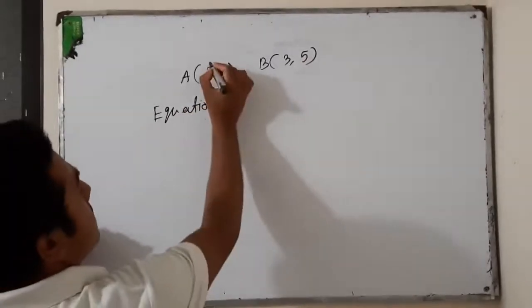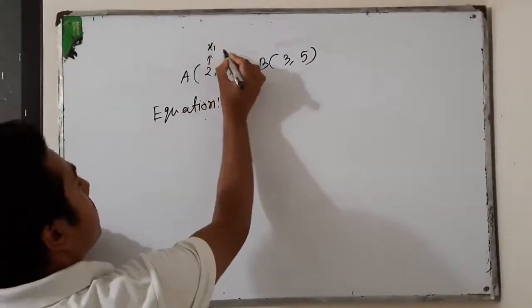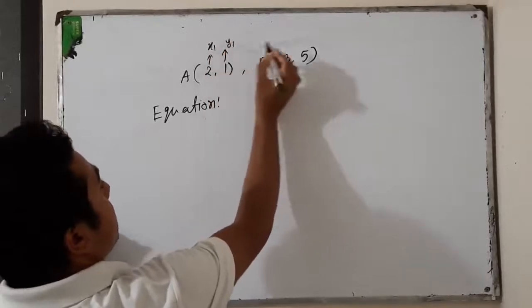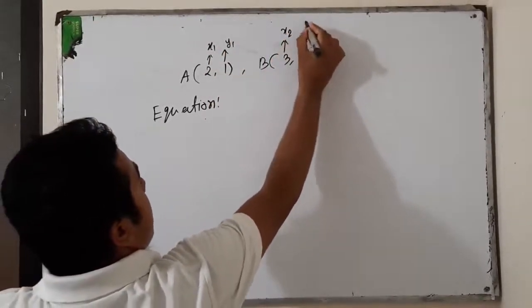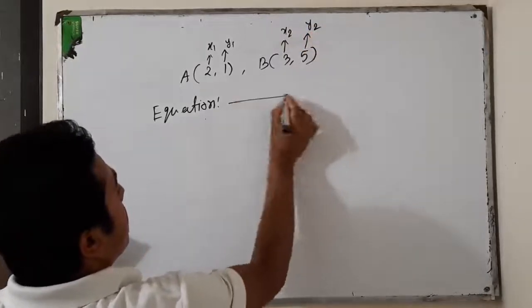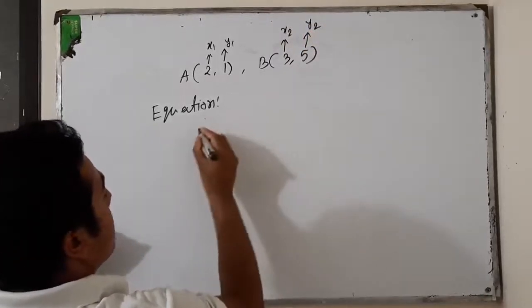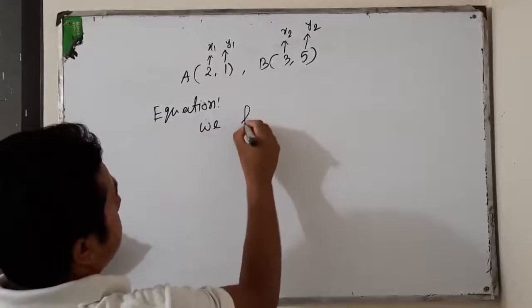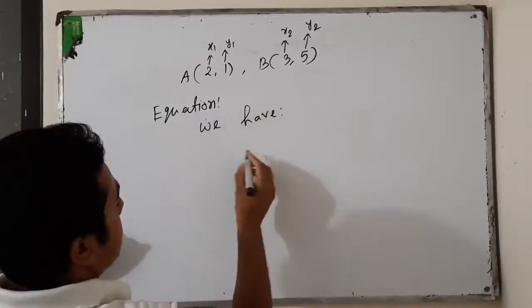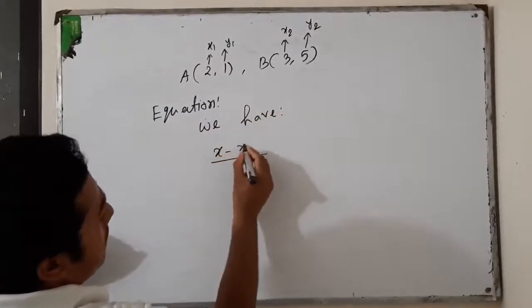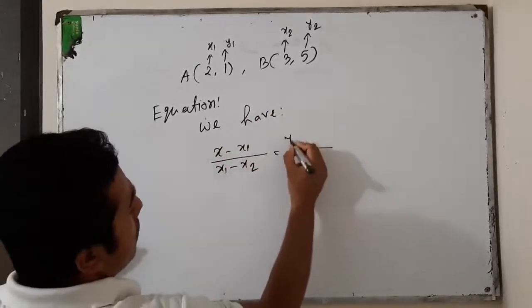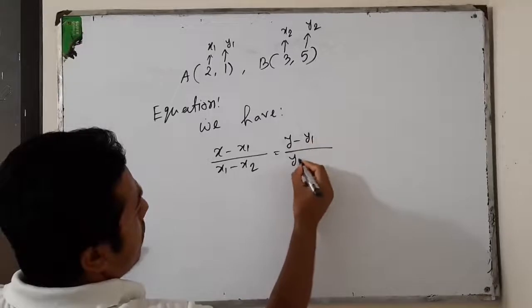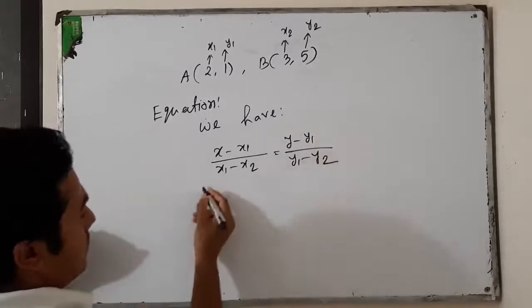This is x1, this is y1, this is x2, this is y2. So we have (x minus x1)/(x1 minus x2) equals (y minus y1)/(y1 minus y2).